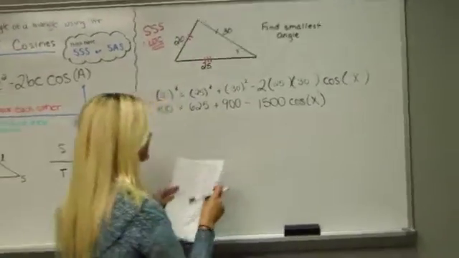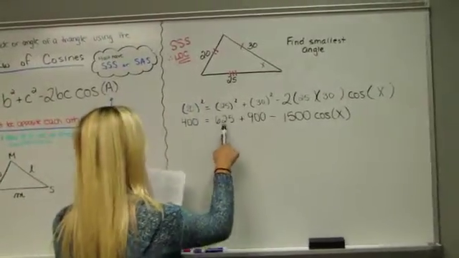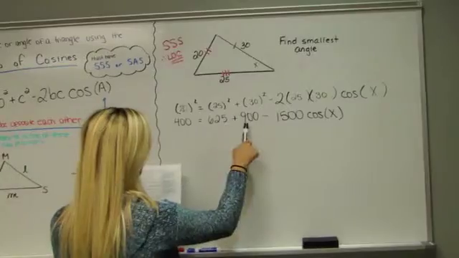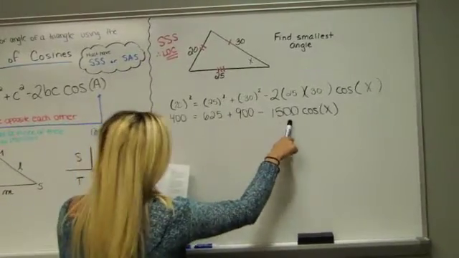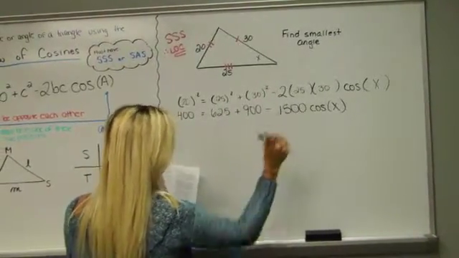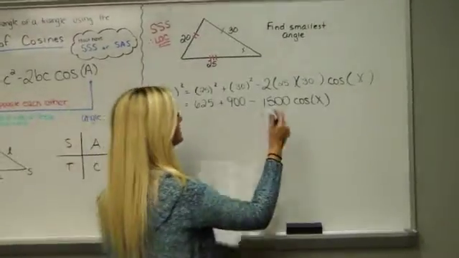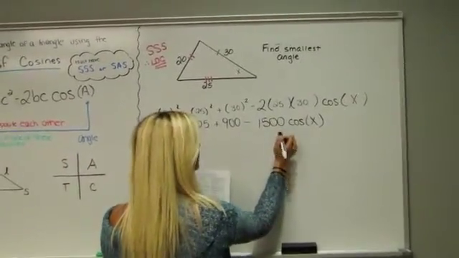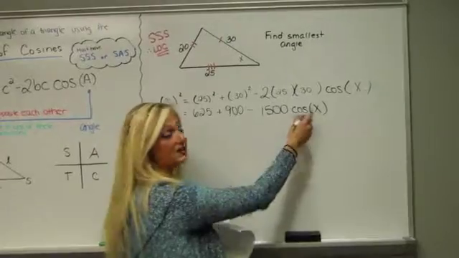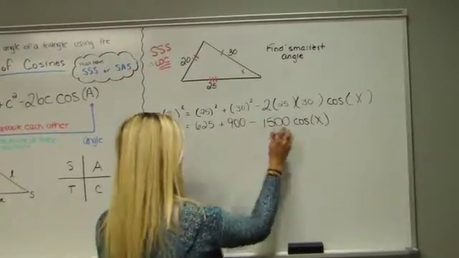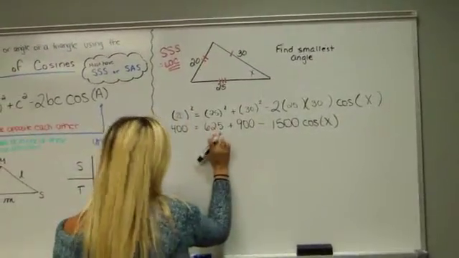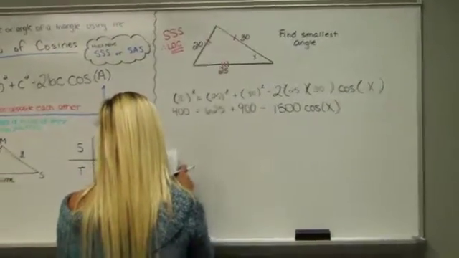So the common mistake that a lot of students make is combining the 625, the 900, and subtracting 1500. But you can't do this because your 1500 is a coefficient to your cosine x. So you can't combine all three. You can only combine your 625 and your 900.